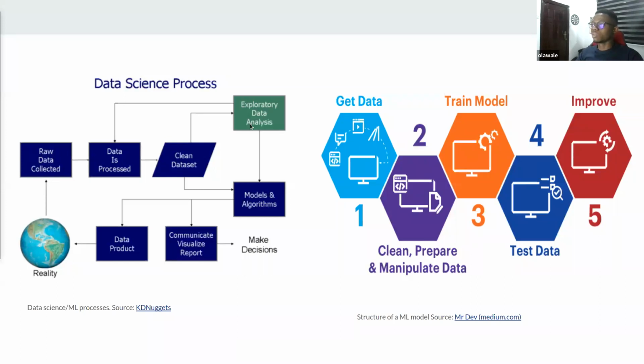Once you're able to explore your data, you might need to do that, or you might not need to do that, and then you pass that into the next stage.